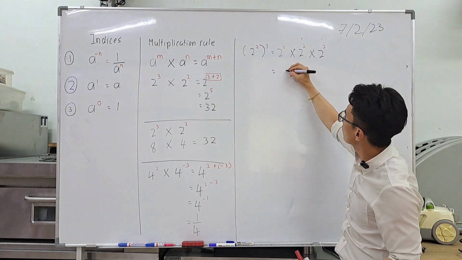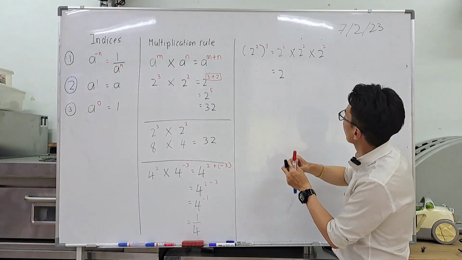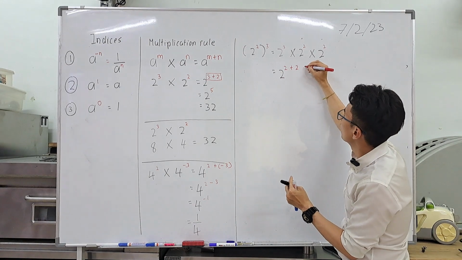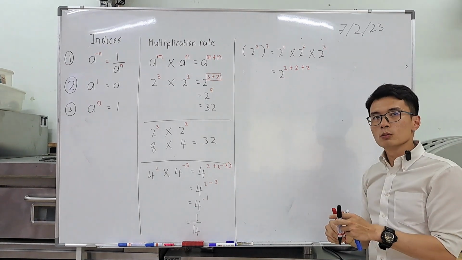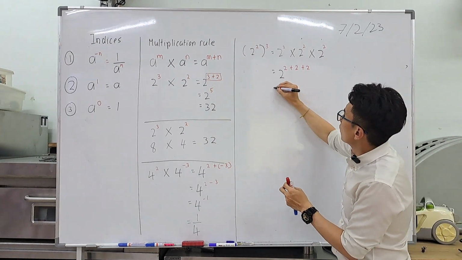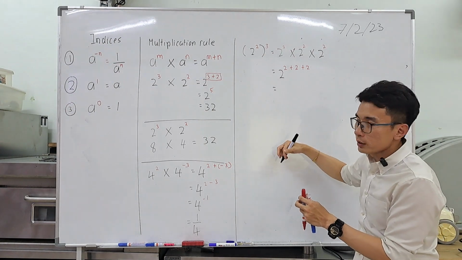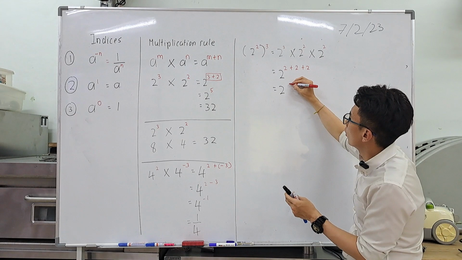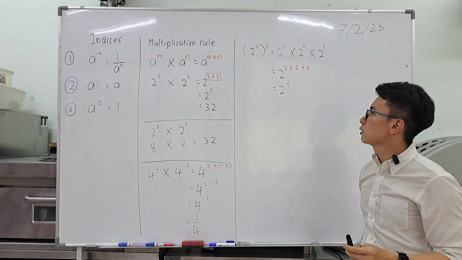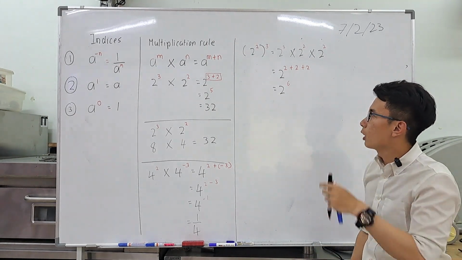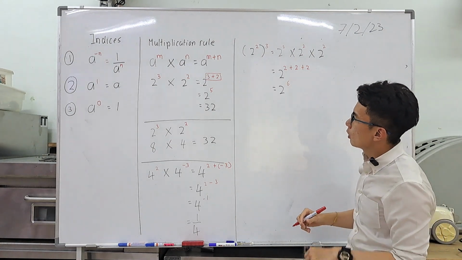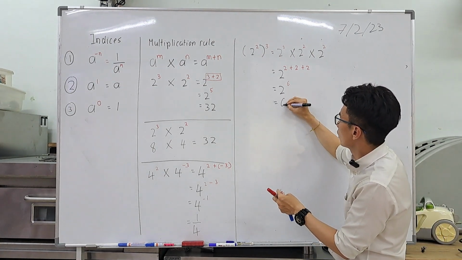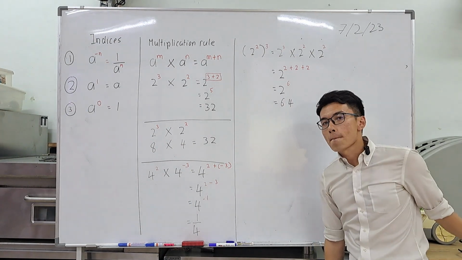So I can rewrite this as 2, then the power 2 plus 2 plus 2. In the end, I can summarize this as 2 to the power of 6, which is equivalent to 64 when we expand it.